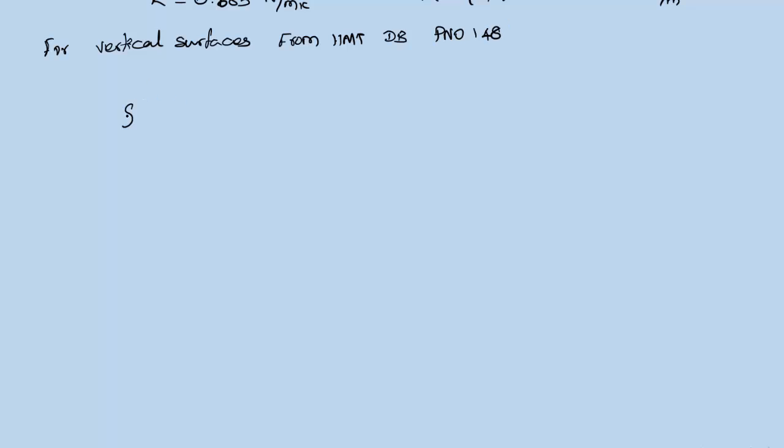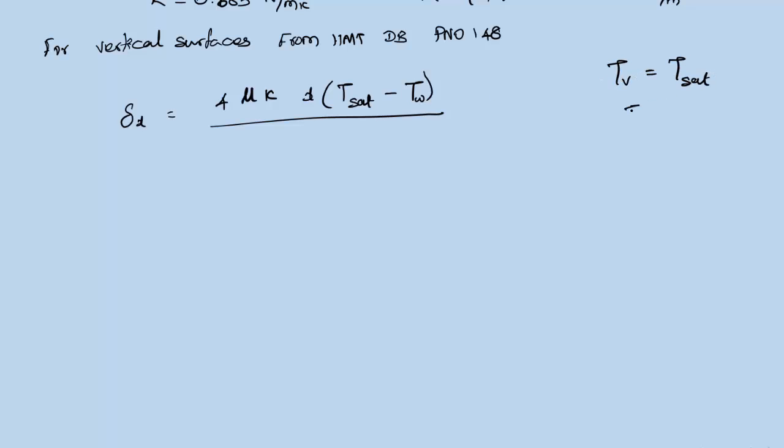The formula for delta x is given as [4 mu k x (T saturation, that is T vapor, minus T_W) divided by g h_fg rho squared] to the power 0.25. Here T_V, that is vapor temperature, equals saturation temperature, right? T_W equals surface temperature. These two values you have to take.